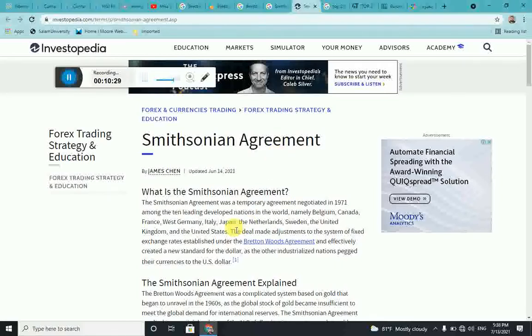That's why the other conference was held between Belgium, Canada, France, Germany, Italy, Japan, Netherlands, Sweden, the United Kingdom and the United States, and they made some adjustments to the system of fixed exchange rate which was established under the Bretton Woods Agreement, and created a new standard for the dollar, as the other industrialized nations pegged their currencies to the US dollar.